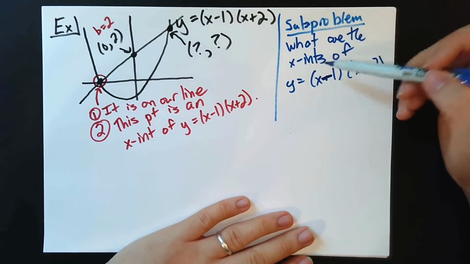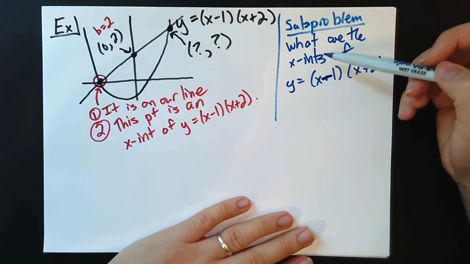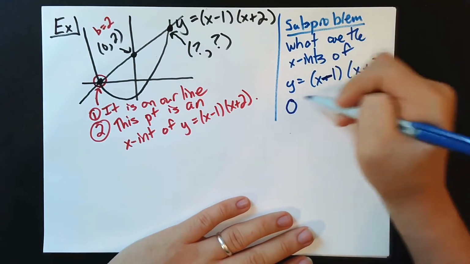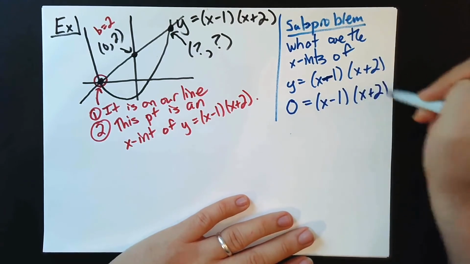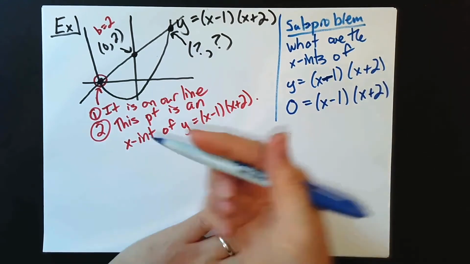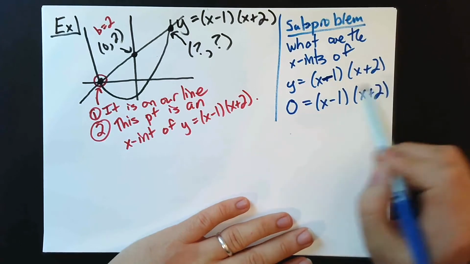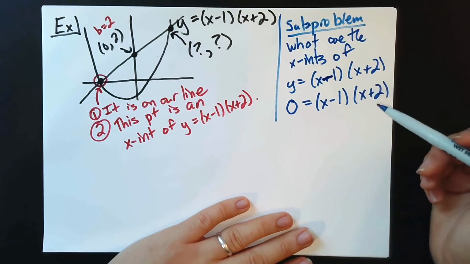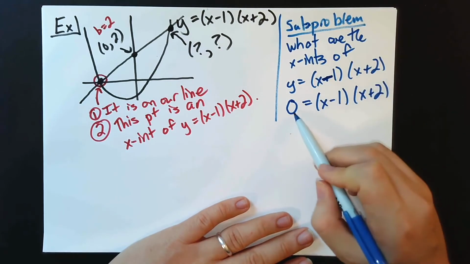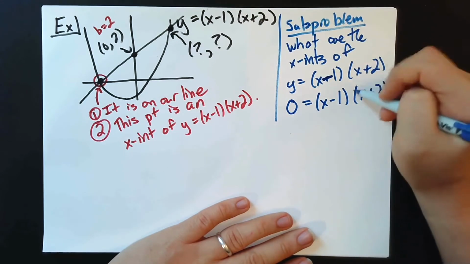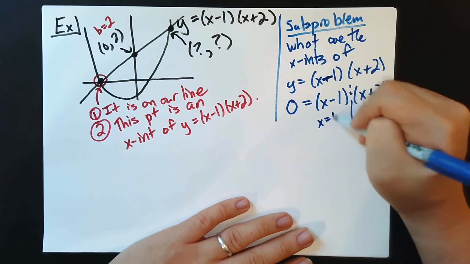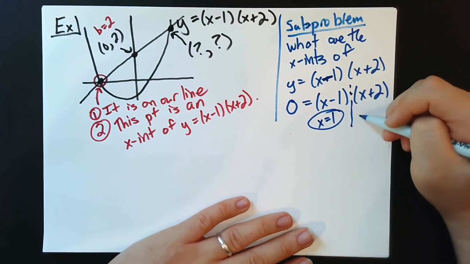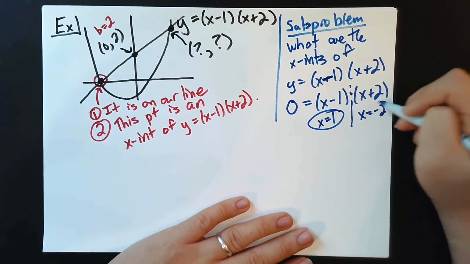Well, x-intercepts, remember, are the points where y is 0, so I can set 0 equal to (x minus 1) times (x plus 2). In this instance, the fact that this is already factored actually makes my life much easier, because 0 is already equal to this product of two things. So I can split this up and say, okay, this is x equals 1, and this is x equals minus 2.